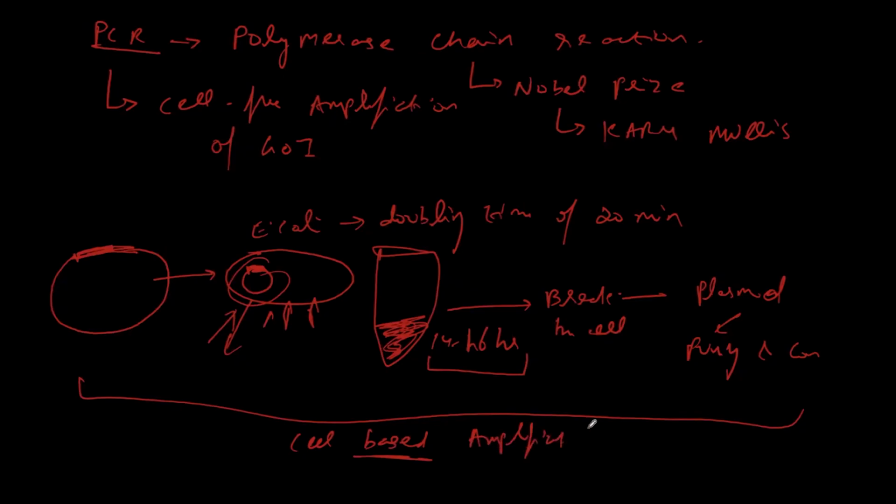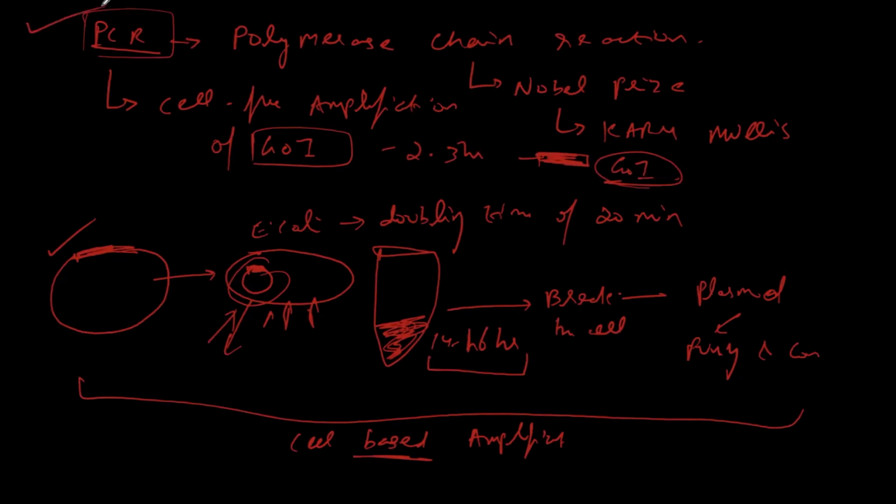As you could understand how long it takes and what the disadvantages are, we still use this method during the cloning process. But when we want to isolate only the gene of interest and mass amplify it, we can just do PCR, and within 2 to 3 hours you will get a better yield of your gene of interest.